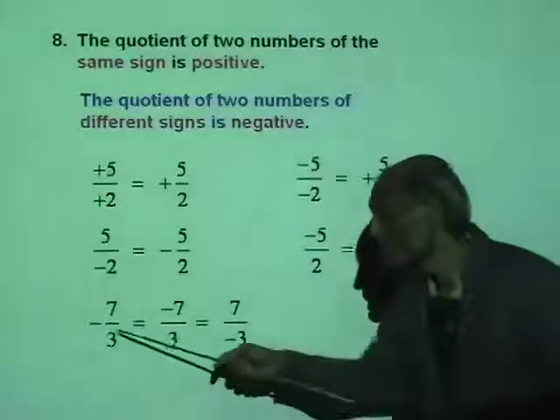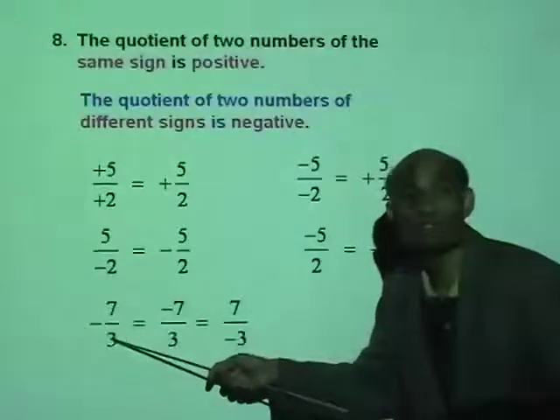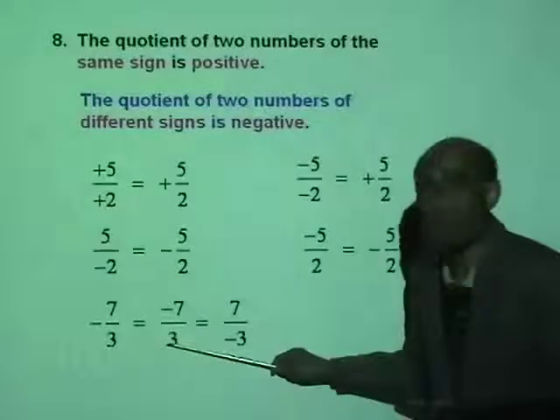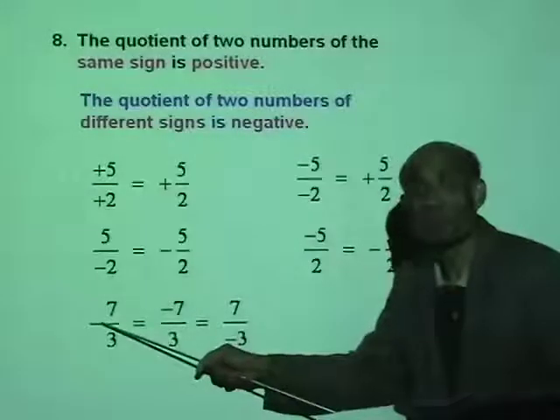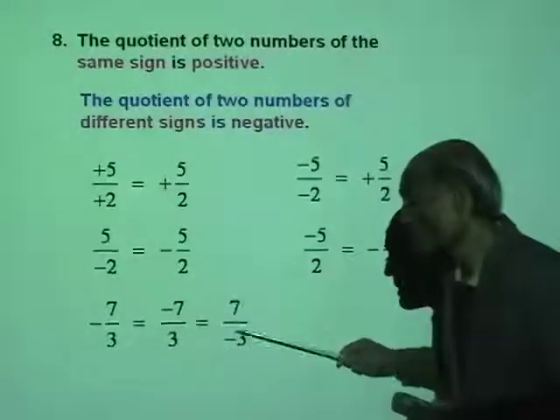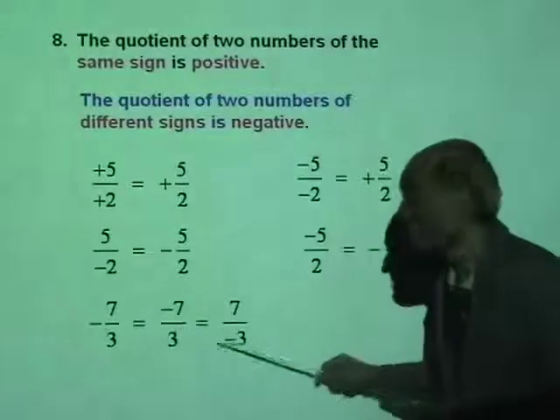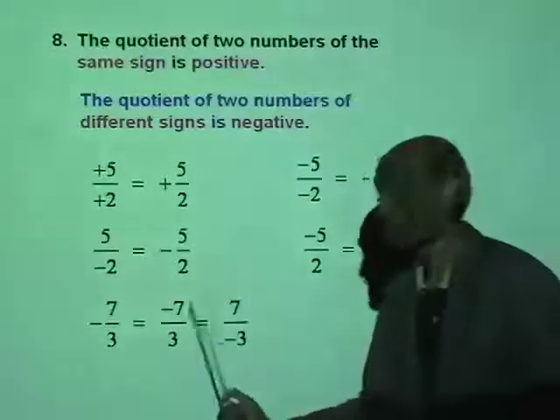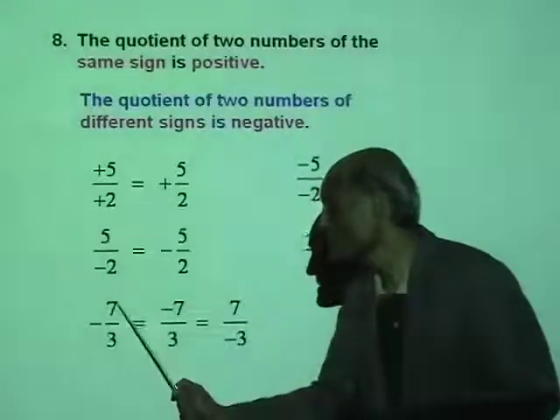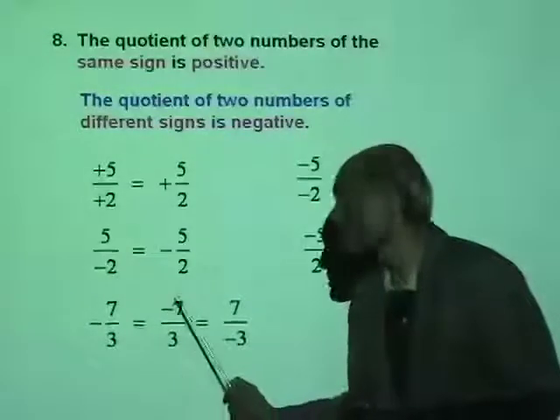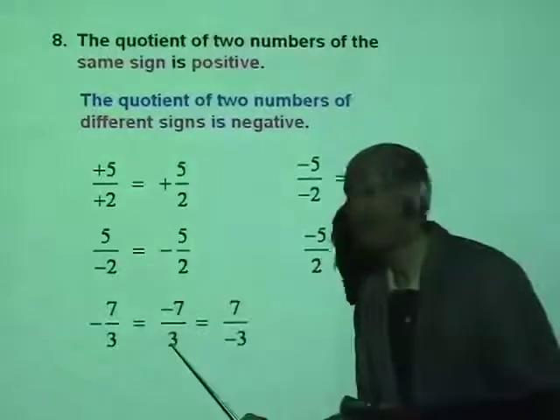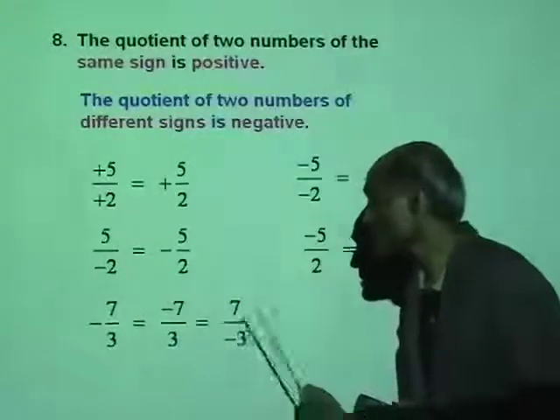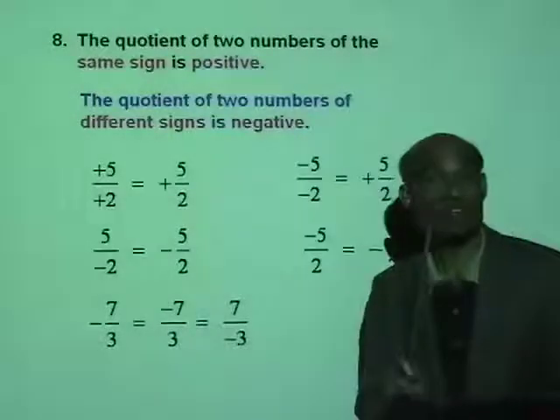Both these equal to negative 7 over 3. A negative number divided by a positive number is negative. A positive number divided by a negative number is negative. Alright, so one more time. Negative 7 over 3 equal to negative 7 over positive 3 is the same as positive 7 over negative 3.